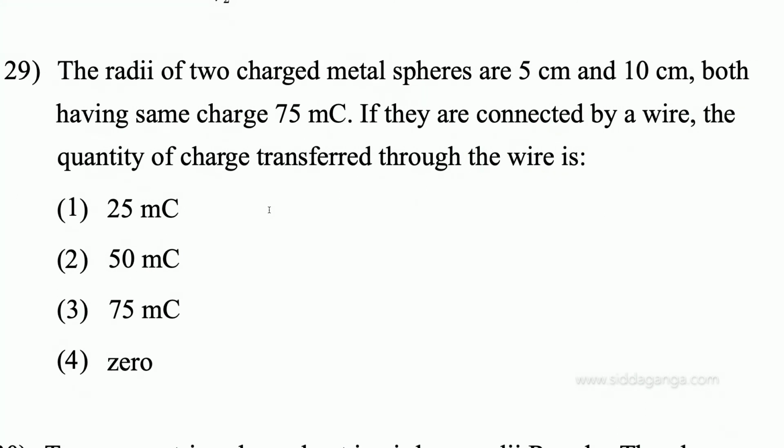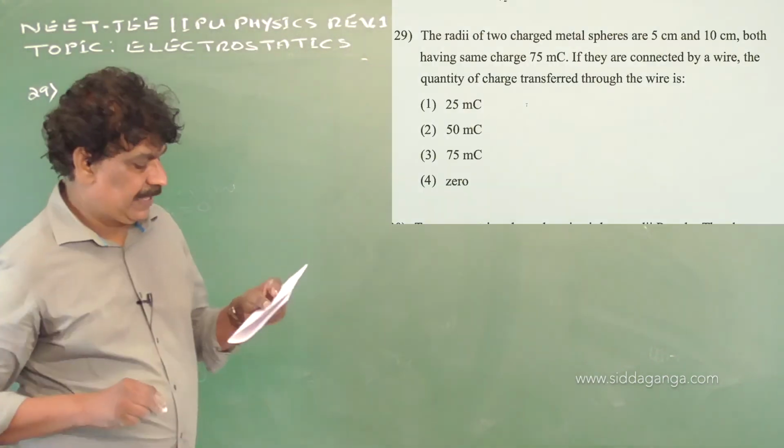Now question number 29. The radii of two charged metal spheres are 5 centimeter and 10 centimeter, both having the same charge 75 millicoulomb. If they are connected by a wire, the quantity of charge transferred through the wire is.